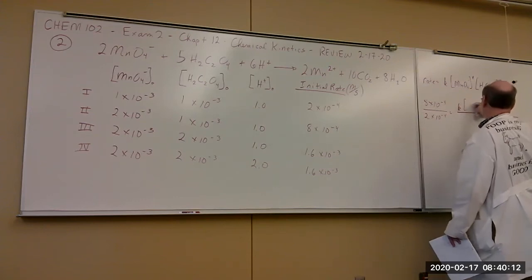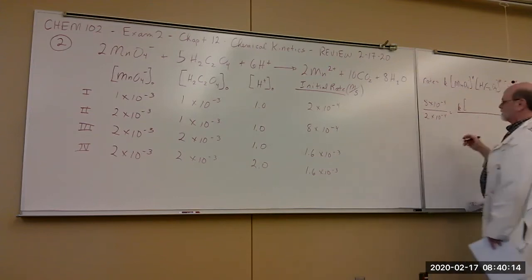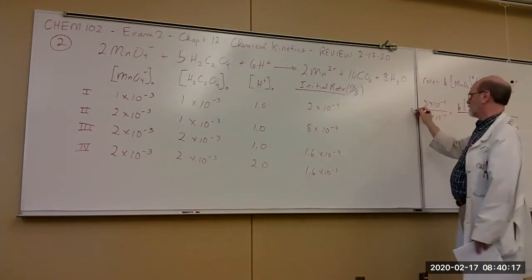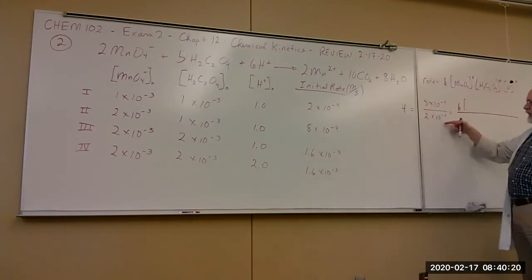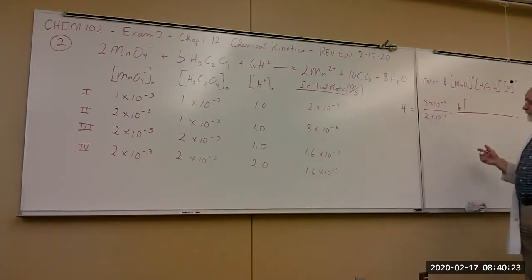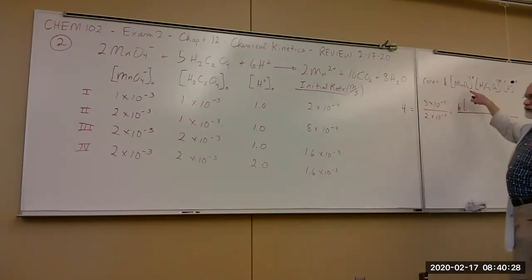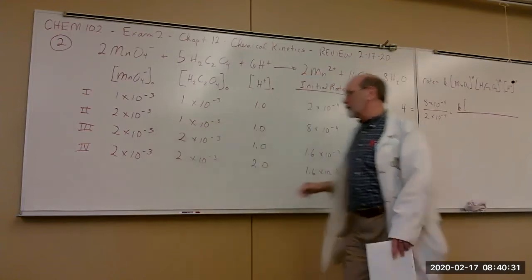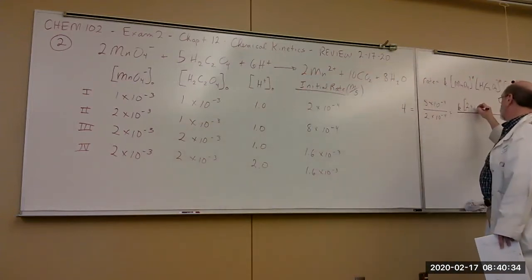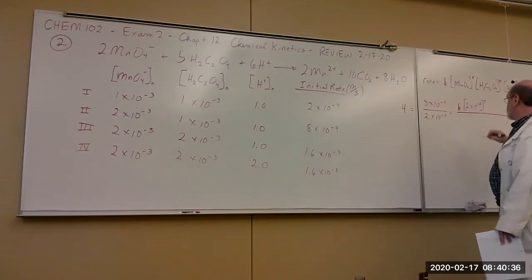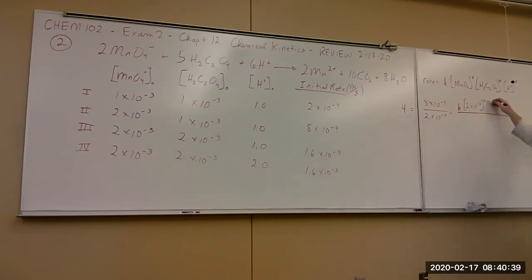Will it be 4? Well, yeah, that will be 4, right? Because these two cancel and 2 into 8 is 4. Well, what's 4 equal to? 4 is equal to this one, which is 2 times 10 to the minus 3, to its order. And then these values here, whatever they happen to be, are the same on the top and the bottom.